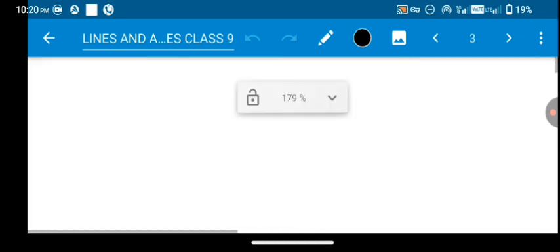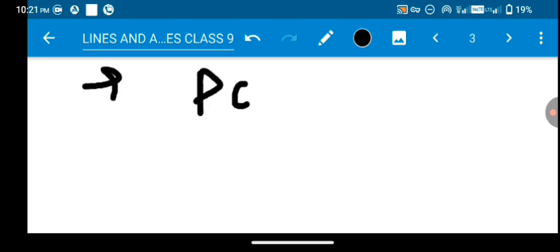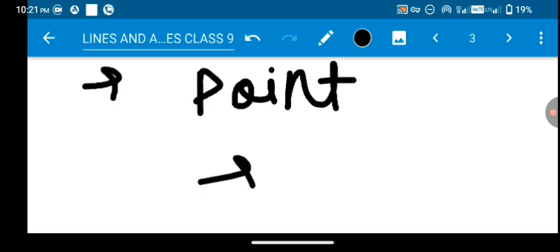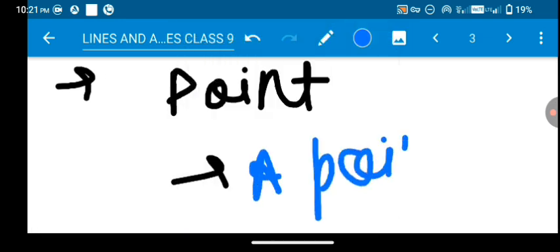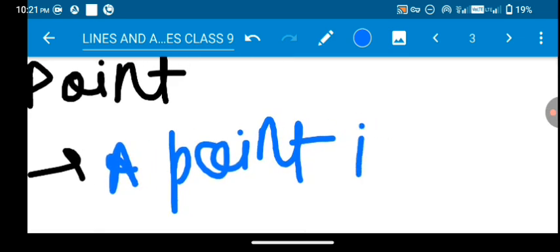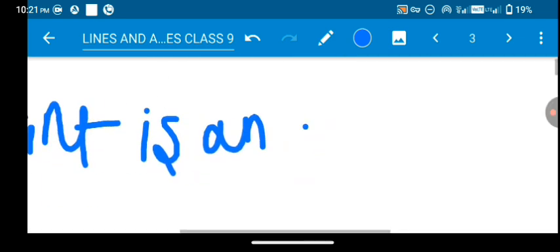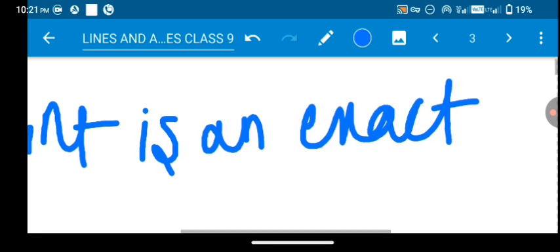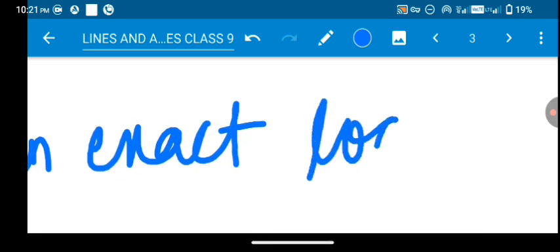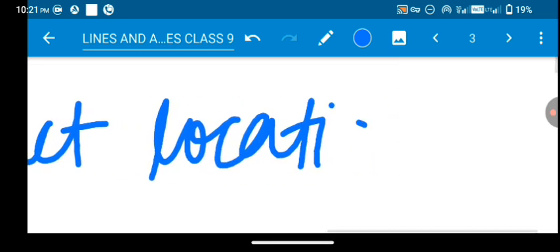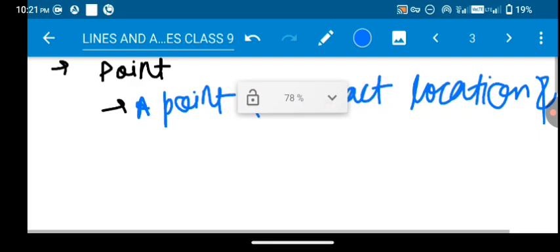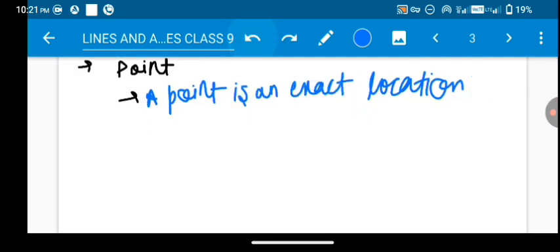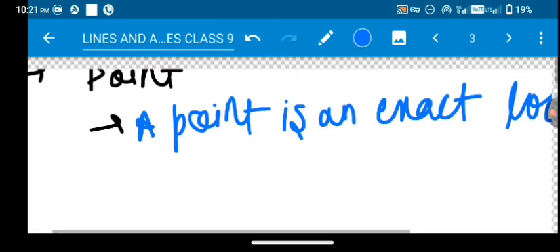So first we will discuss the point. A point is an exact location.